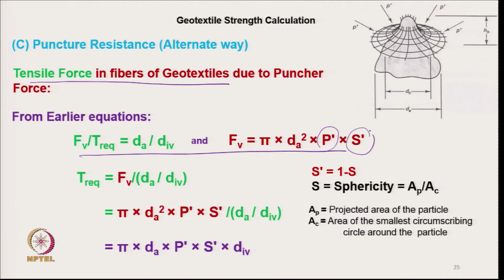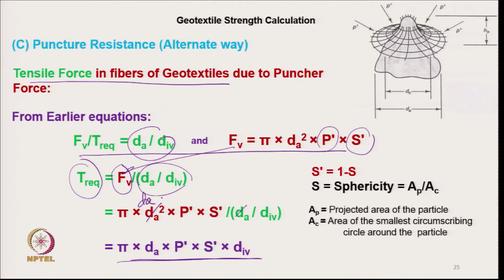From there we can calculate T required, which is Fb by dA by dv, and by replacing the value of Fv, we get this relationship, where one dA will cancel out.